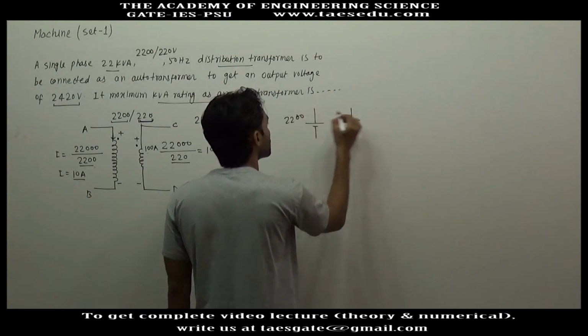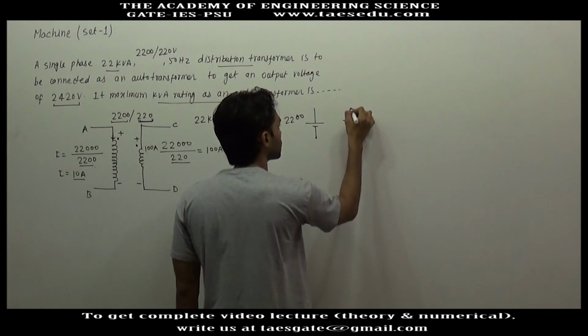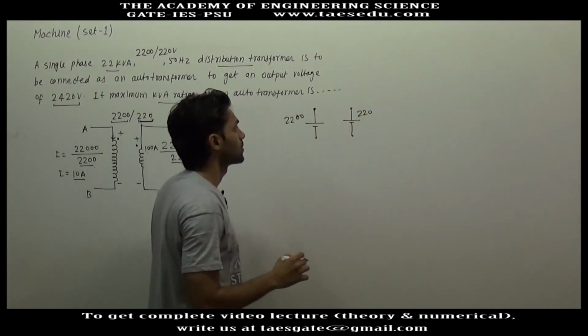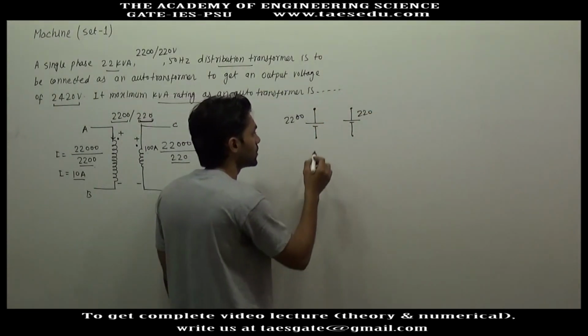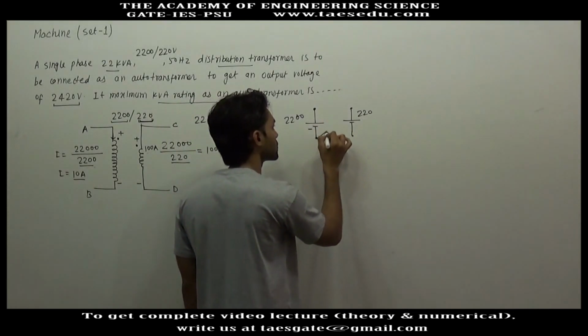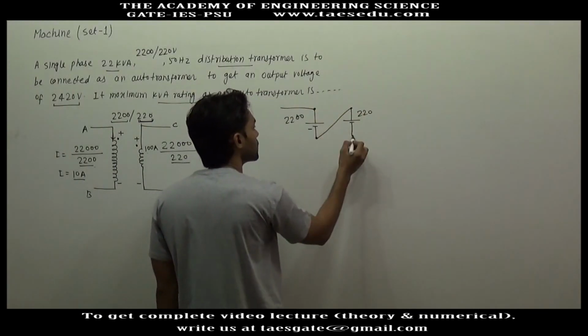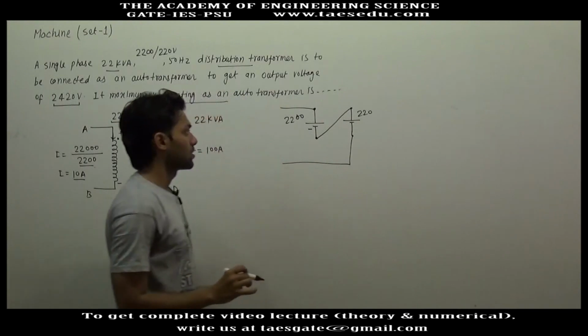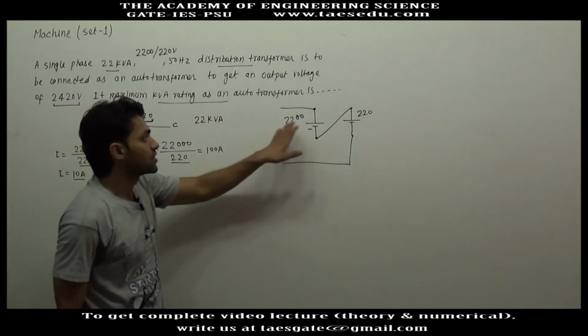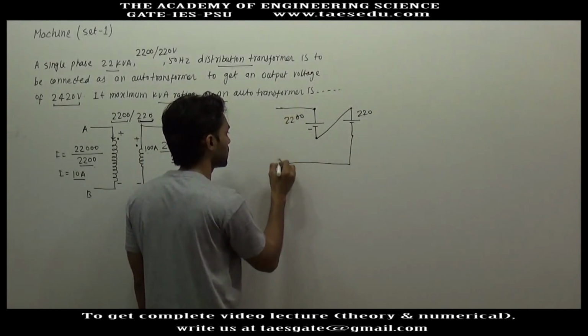This is 2200, this is 220. To get the summation, we have to connect the negative terminal of the first source to the positive terminal of the second source, and at the remaining terminals you will get a voltage which will be the summation of these two voltages.